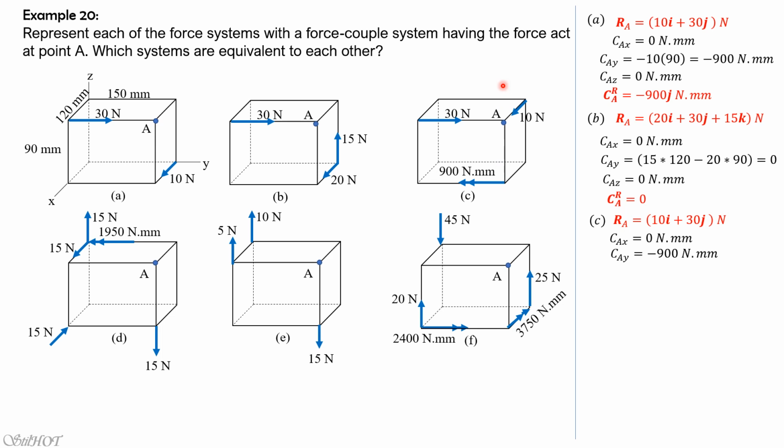About the z-axis, both the 30 Newton force and the 10 Newton force pass through the AZ axis, so they are not capable of producing moment about the AZ axis.